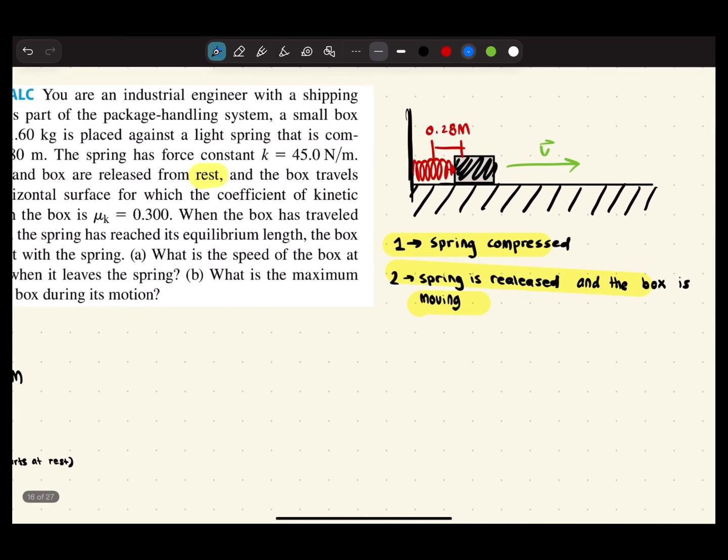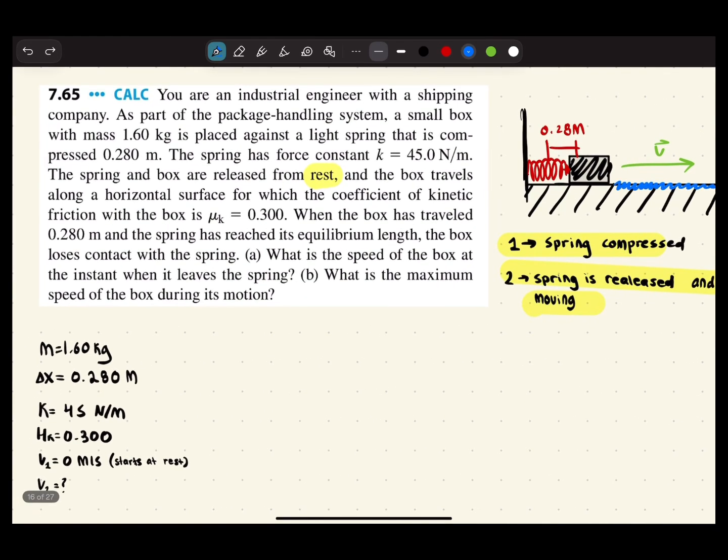So as the box slides this way, there's going to be a force opposing its motion, and that's the force of friction. Now when the box has traveled 0.280 meters and the spring has reached its equilibrium length, the box loses contact with the spring.